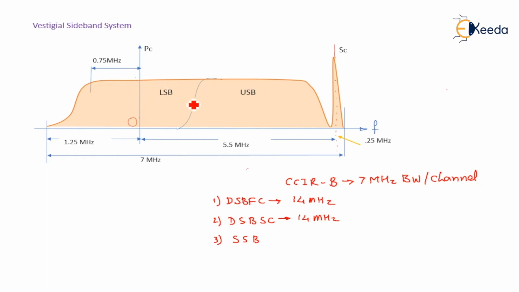Now let us consider why we are not sending the upper sideband only. Why are we taking some part of the lower sideband on the other side of the picture carrier? Because if we try to cut the signal somewhere over here, providing the band attenuation, then what happens?